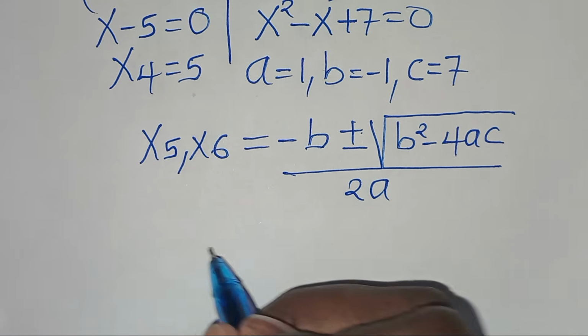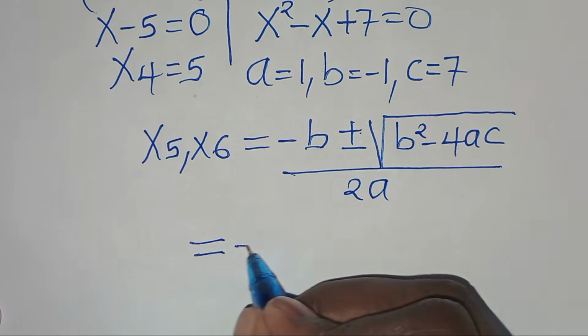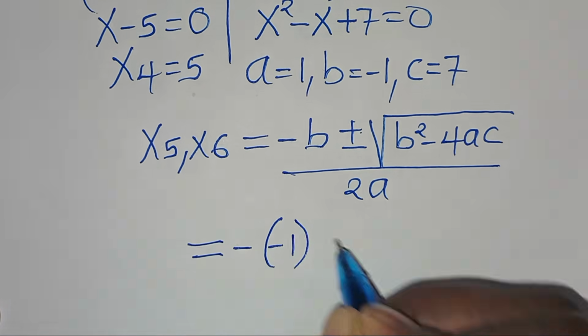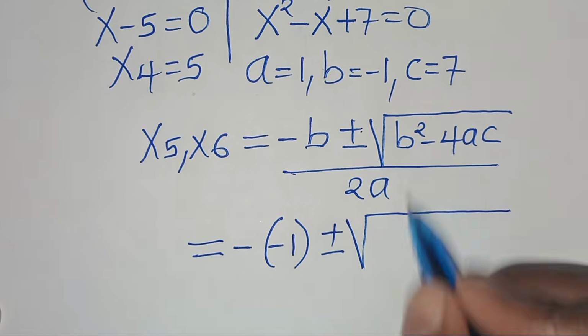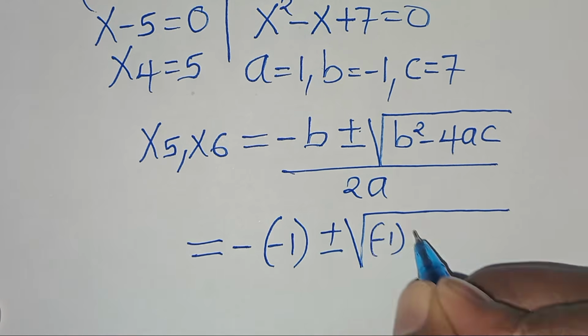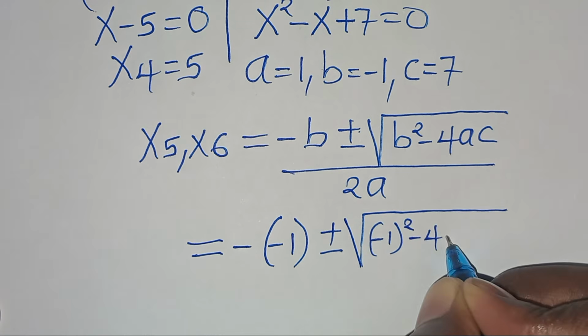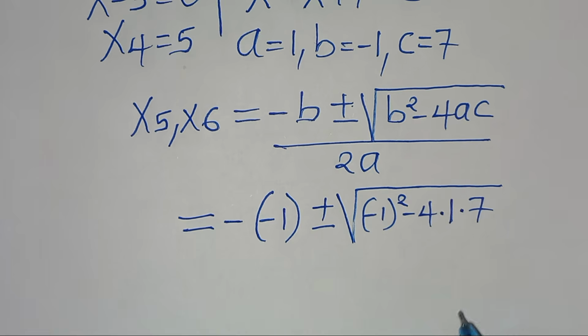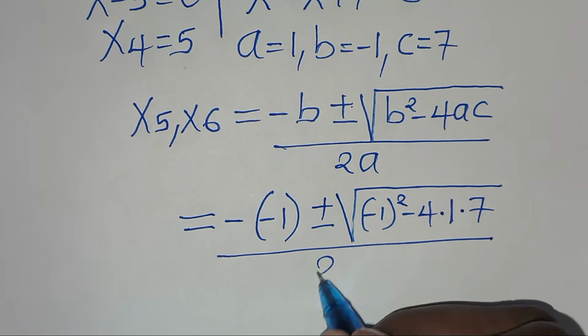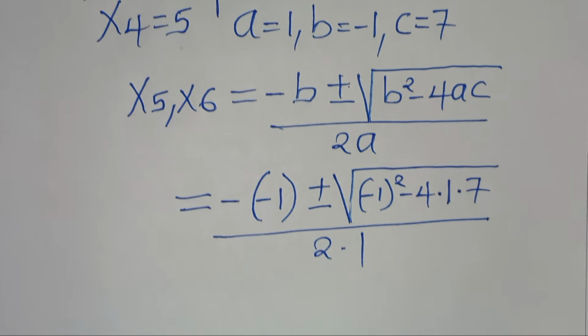So therefore we have minus minus 1 plus or minus the square root of minus 1 squared minus 4 times a, which is 1, then times c, which is 7, divided by 2 times 1.